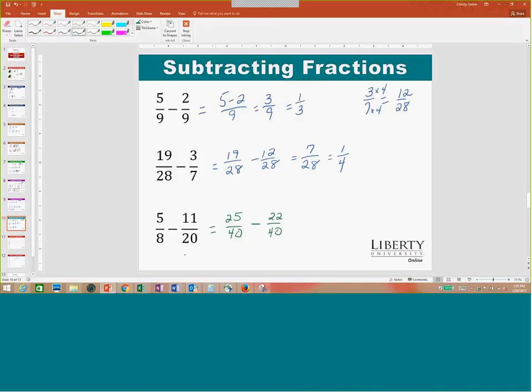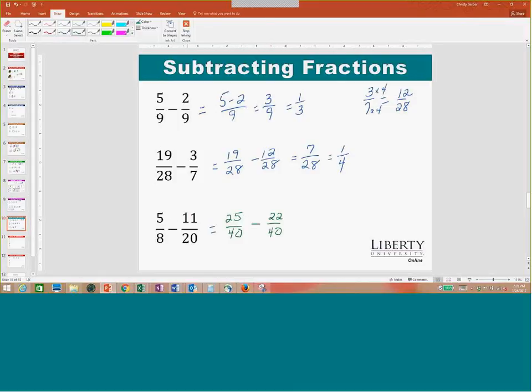By the way, if you're not adding or subtracting fractions, this is a good way just to compare fractions. If I had not produced a common denominator and changed these fractions, which one would you have thought would be the bigger portion? Would it be 5/8 or 11/20? This is a good way to figure out which fraction is larger.